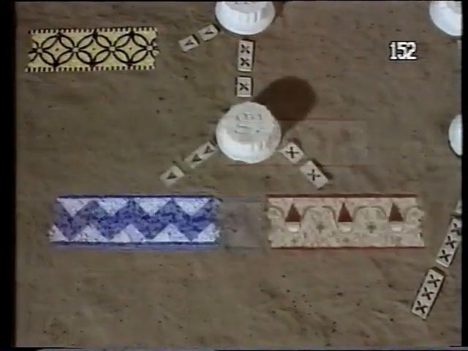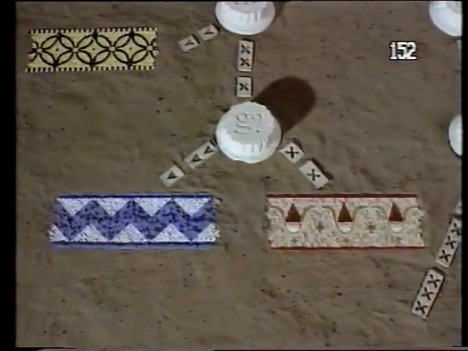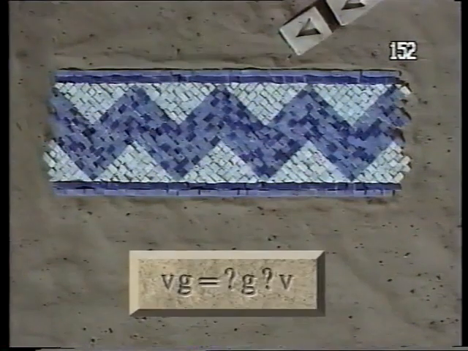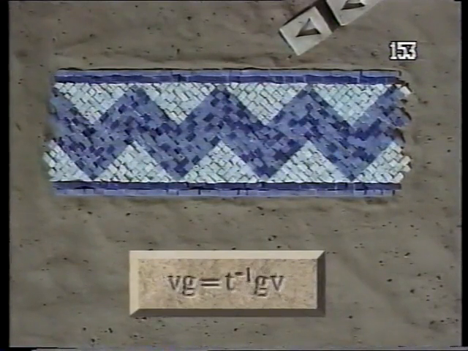Those with glide reflections and those without. And in this case, where we have both vertical and glide reflections, how do we relate the composites VG and GV? In fact, we have this relation. But why should it hold? See if you can work that out for yourself.